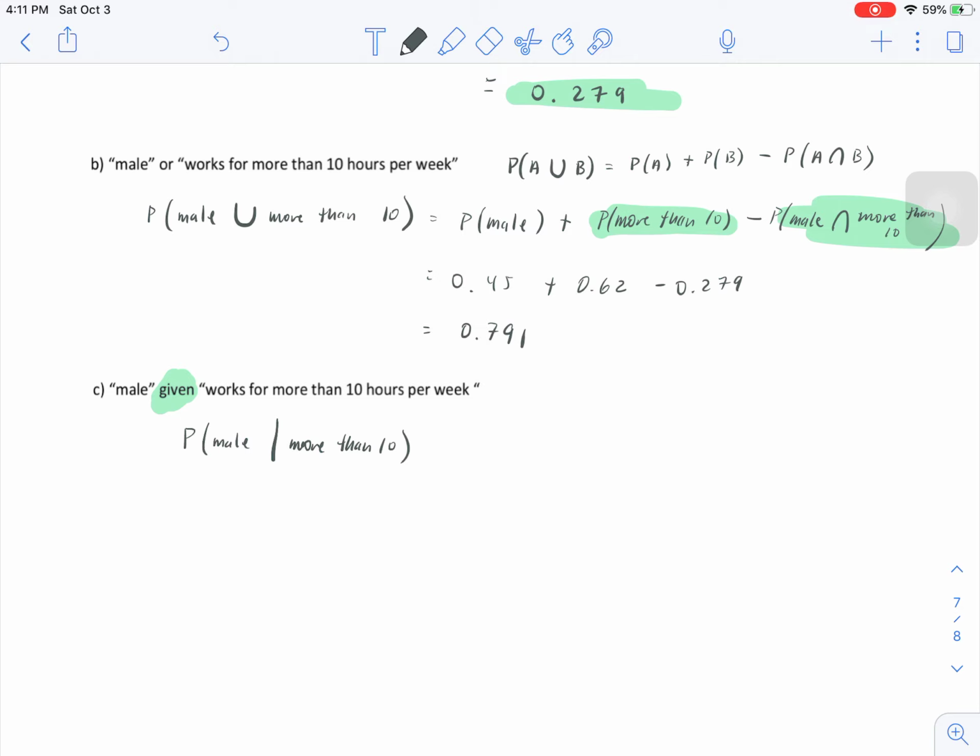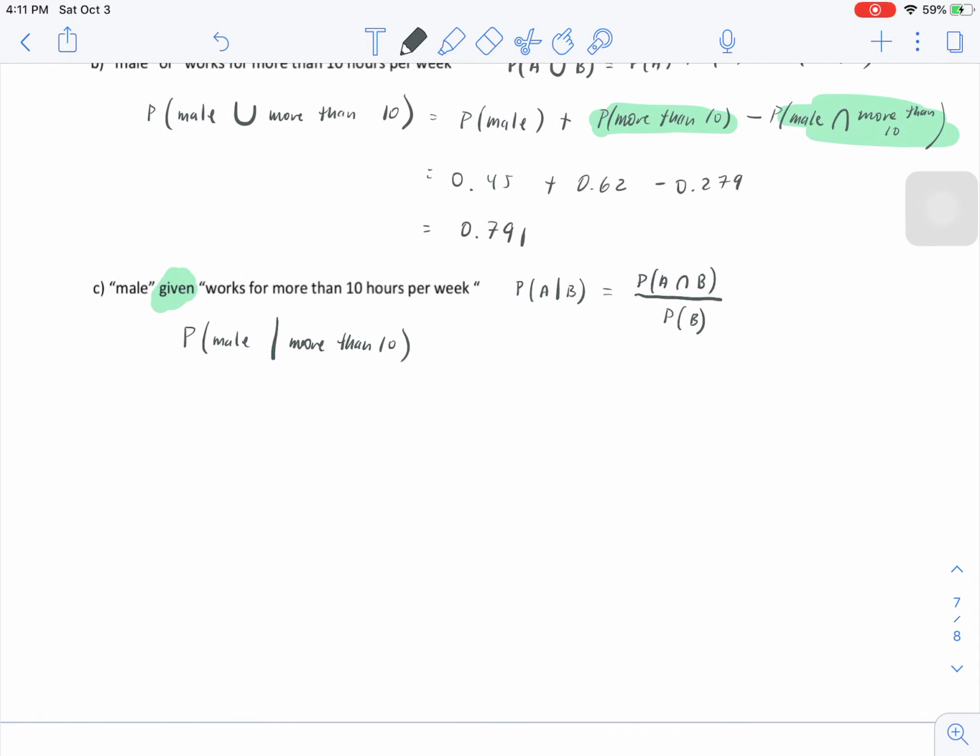Remember, one of our other probability axioms or properties was that for any two events, the conditional probability of A given B is just equal to the probability of their intersection divided by the probability of the second event, B. So we can use that formula here.